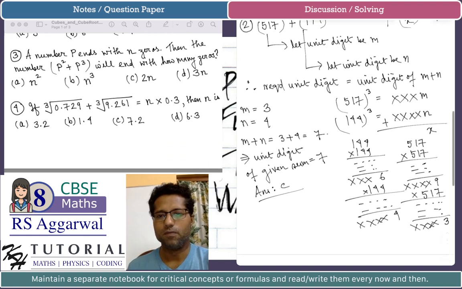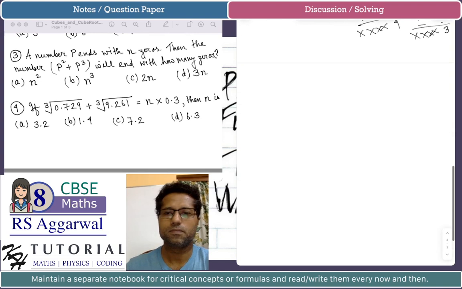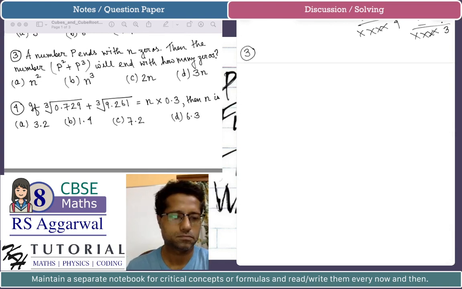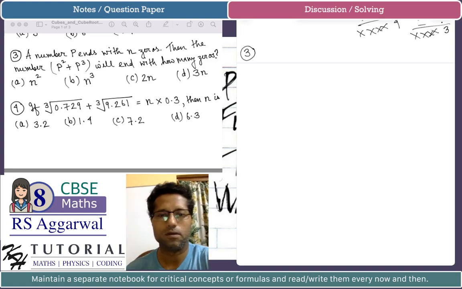Okay, let's do problem number 3. Problem number 3 says that a number p ends with n zeros. That is, there are n number of zeros, where n is some constant or some unknown.